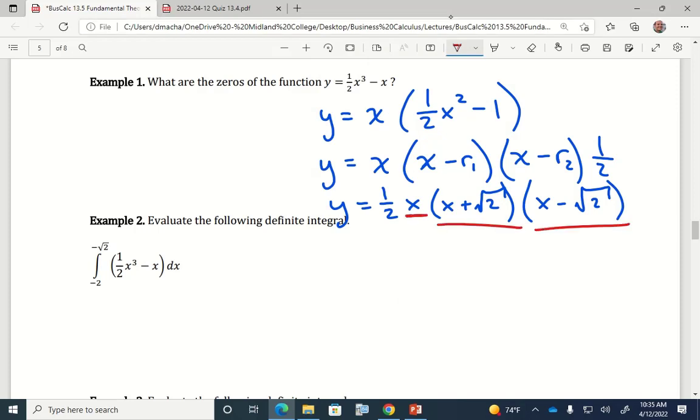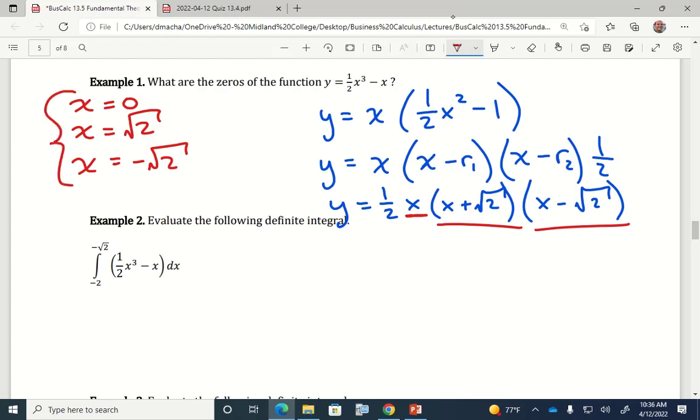One of them tells me that my whole function is equal to 0, or y is equal to 0, whenever x is equal to 0. If x is equal to positive square root 2, then my third factor would be 0, and that would make the whole thing 0. And if x is equal to negative square root 2, then this middle factor would be 0, and that makes y 0.